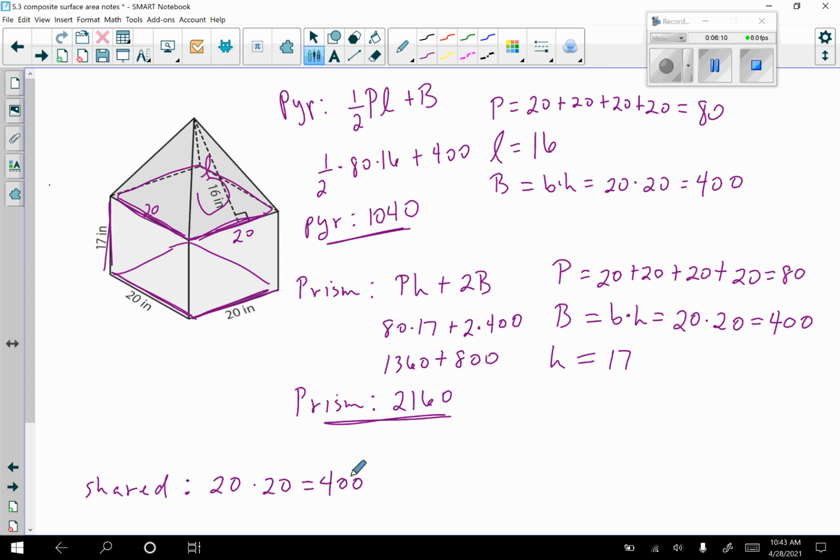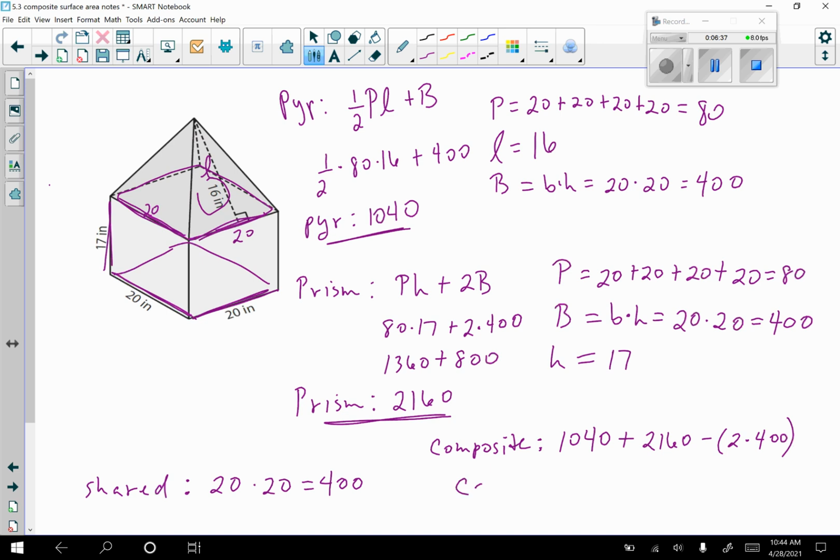And so now for our total surface area, the composite, you're going to do shape 1, which is 1,040, plus our shape 2, which is 2,160, minus, in parentheses, 2 times the area of that shared part, so in this case 400.